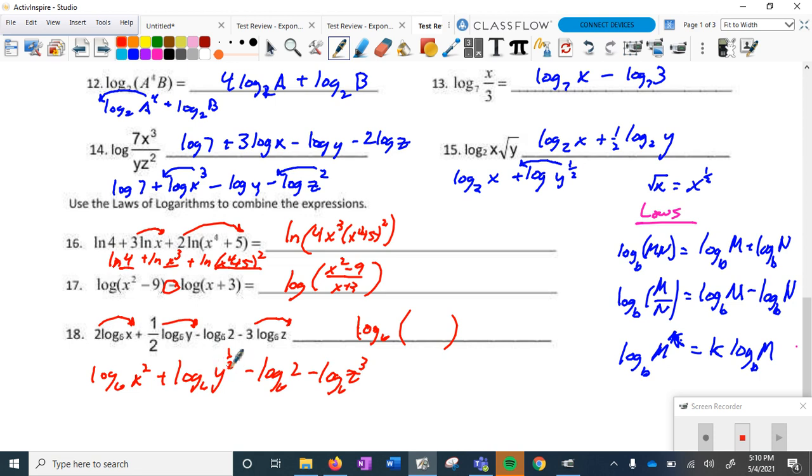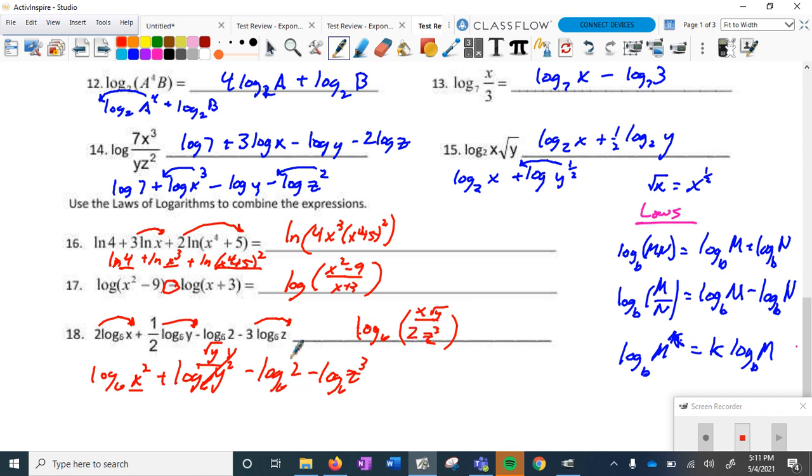Let's just call that square root y right now. And then all the positive ones go in the numerator, and any negative ones mean they go in the denominator. So positive logs, I'm going to put that and my y, a square root of y, up in the numerator because they came from positive logs. And then the 2 and the z to the third go in the denominator because they came from negative logs.